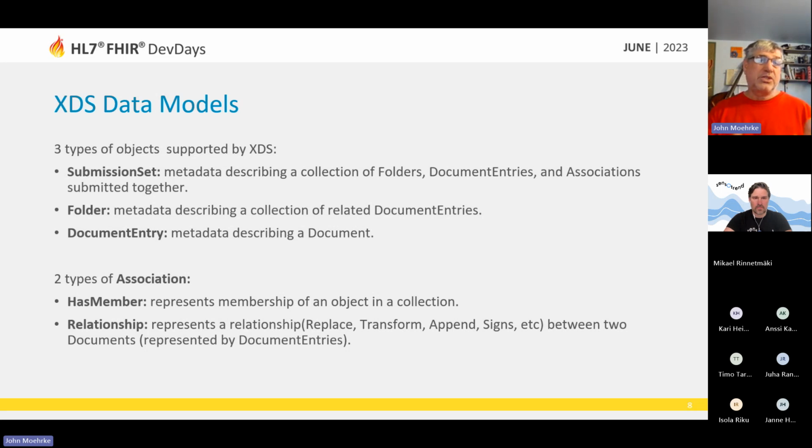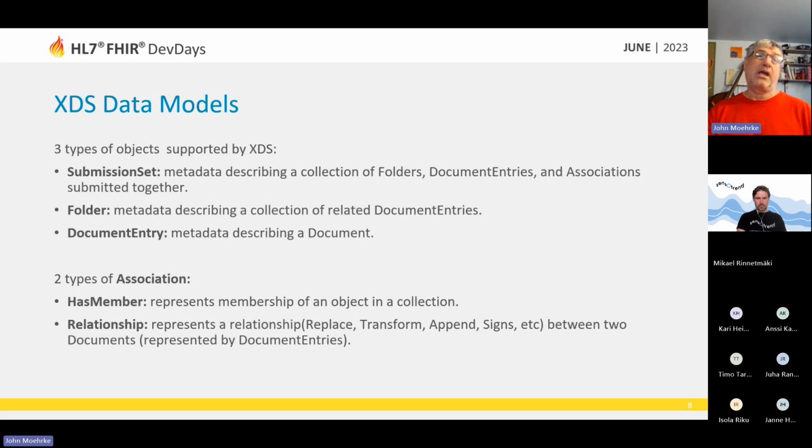And then there are these associations. I talked about the concept of a replace. So a new document replaces a previous document. Before that, I talked about transform. So here is a FHIR document and a transform of it, which is a PDF. A different transform, which is a CDA.